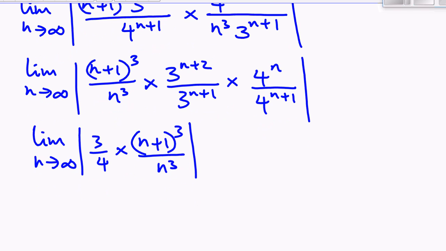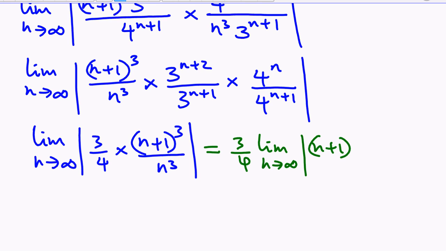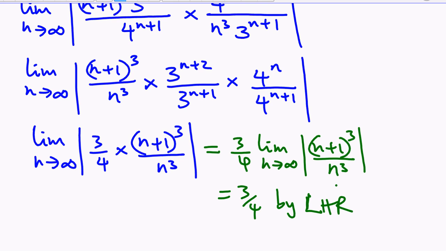All right. So we can carry on and say that this bit will be equal to 3 over 4 times the limit as n approaches infinity of n plus 1 cubed over n cubed, which will be equal to 3/4 by L'Hopital's.